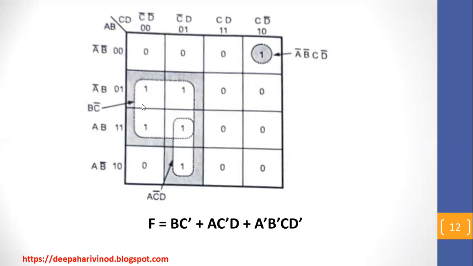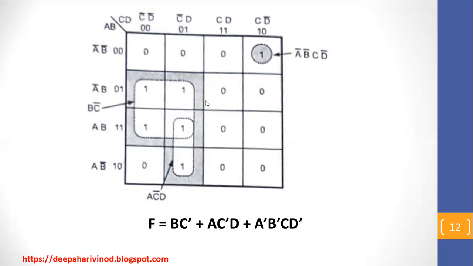Now how to write the equation for this? Only a single one is present, so it will have 4 literals: A bar, B bar, C, D bar. And next we have 4 ones in this group.